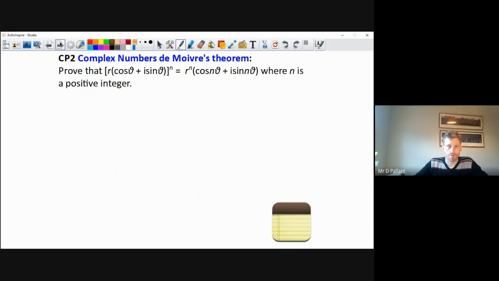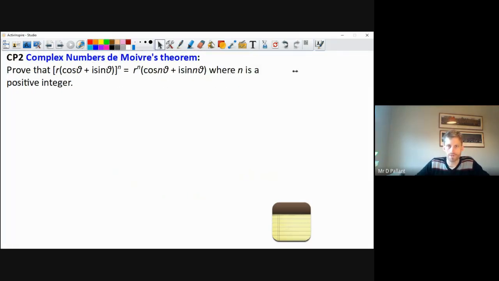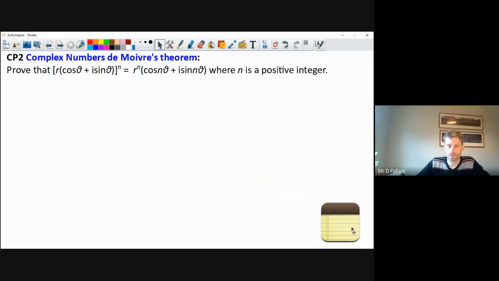We're going to start off by proving de Moivre's theorem. But have a look at the theorem here and just take a minute to understand what that theorem is actually telling you. What this theorem is telling you is that when you raise any complex number in modulus argument form to a power, you can apply that power directly to the modulus, which you would expect because it's a bracketed term.